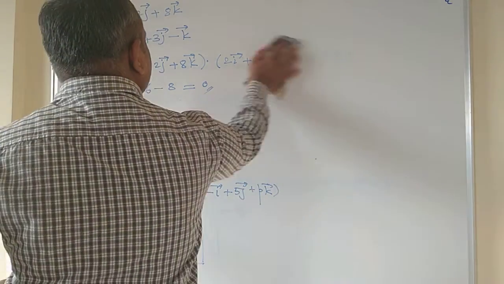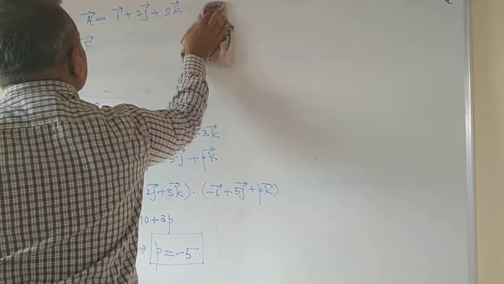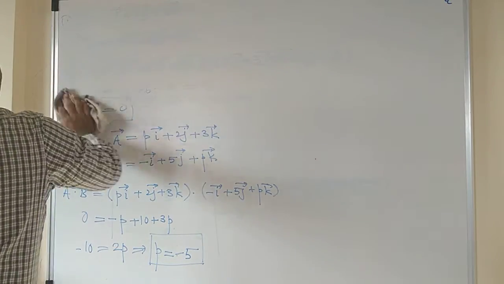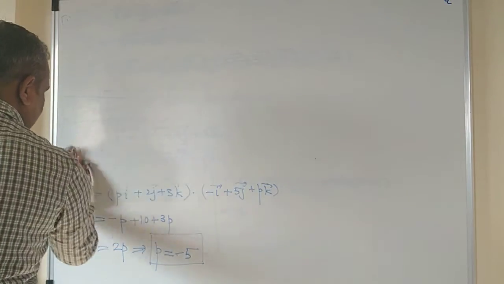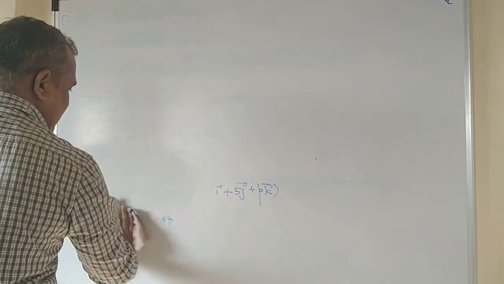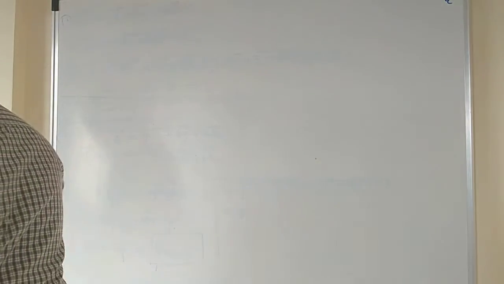and the next problem is to find out the value of m. Let me rub out this. You are asked to calculate the value of m in the given problem.